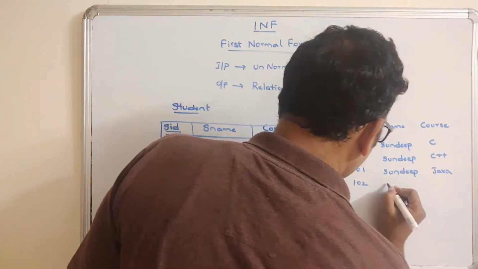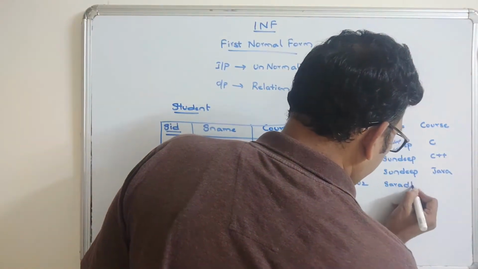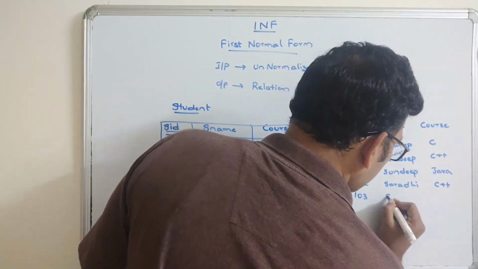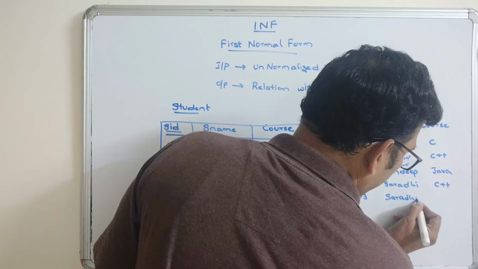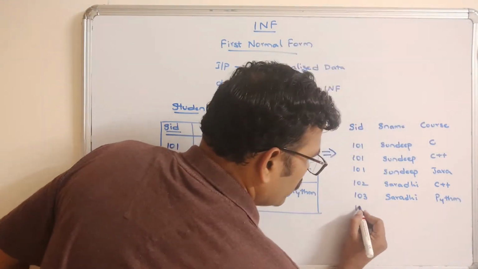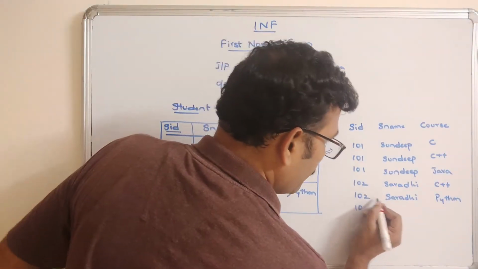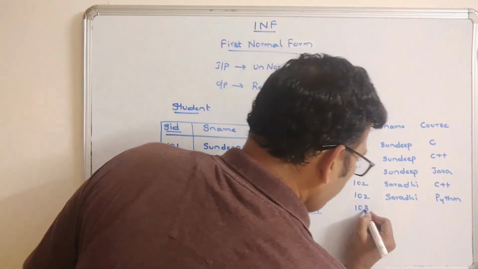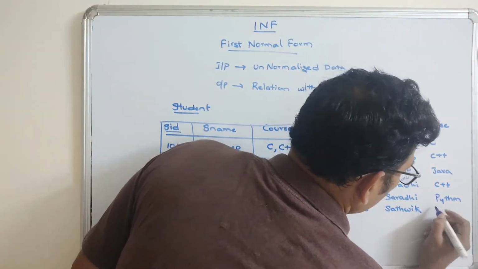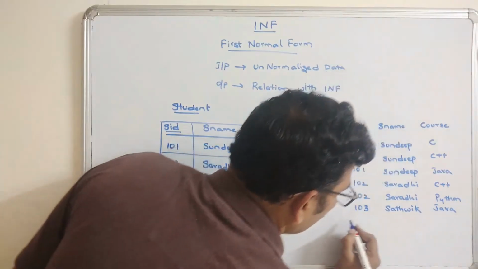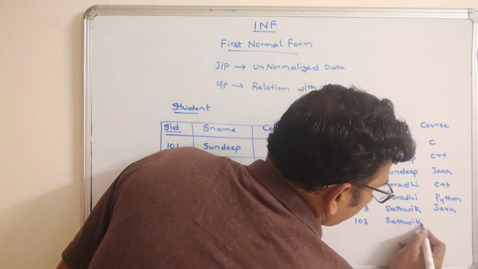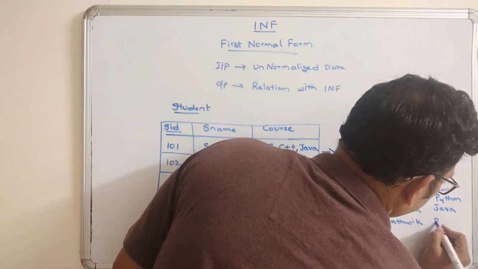Similarly, 102 Saradhi enrolled in C++, 102 Saradhi enrolled in Python. Next, 103 Satvik enrolled in Java, 103 Satvik enrolled in Python.